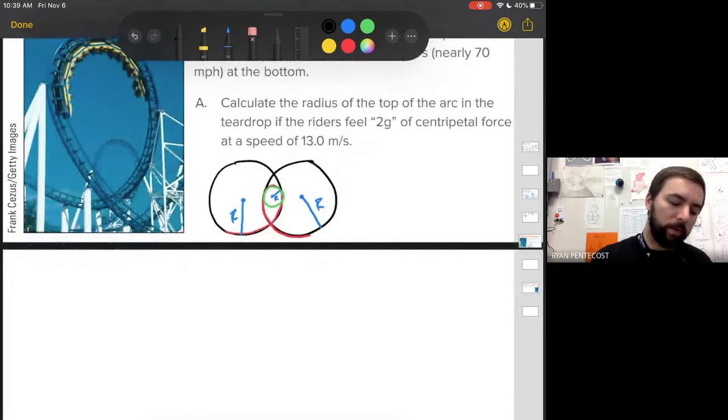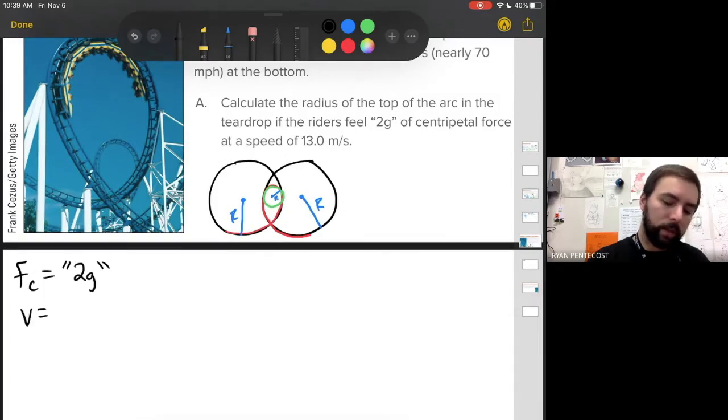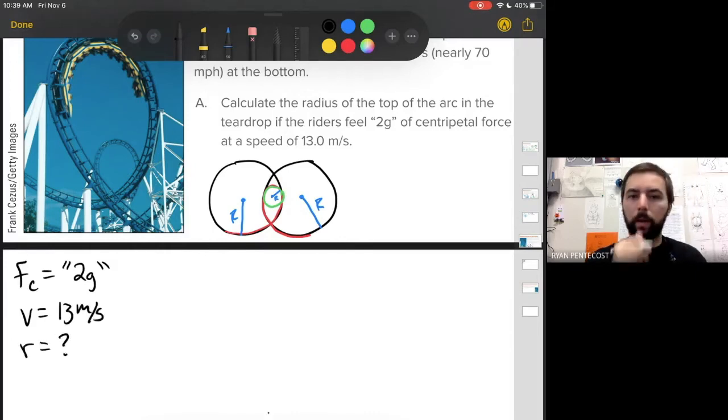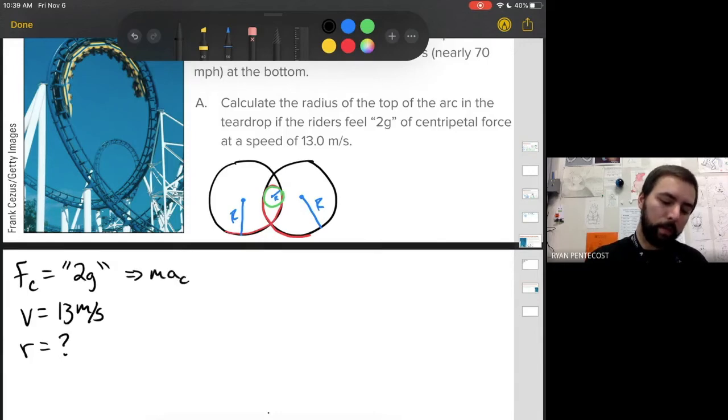So we've got FC is quote unquote 2G. We'll talk about that in a second. The velocity is 13 meters per second, and the radius is what we're looking for. Now, when we talk about 2G, centripetal force, that's kind of a relative term, because what that really means is you have mAC, but AC is the real 2G.